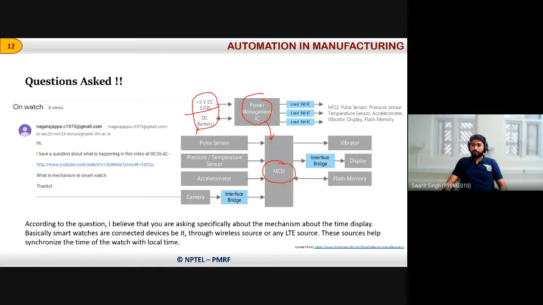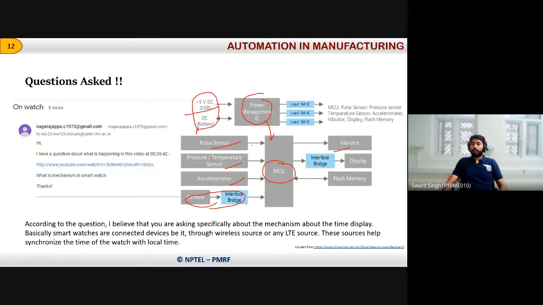These microcontrollers are the host for several kinds of sensors, like a pulse sensor, temperature sensor, accelerometer, and in some advanced watches a camera interface also. Then there is a vibration signal.